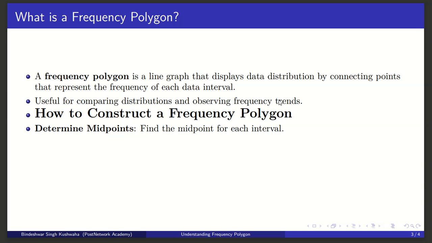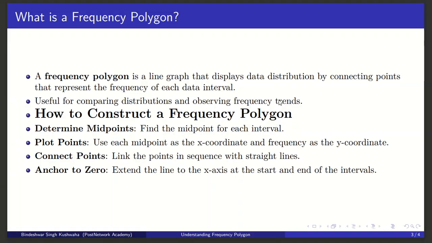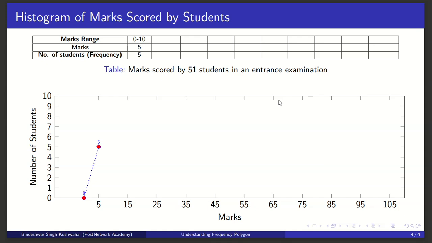We add the lower limit plus the upper limit and divide by 2, so we get the midpoints. Then we plot each point and thereafter connect the points. We link the points in sequence using straight lines. Extend the line to the x-axis at the start and end of the interval, so the beginning point and the last point should be on the x-axis.